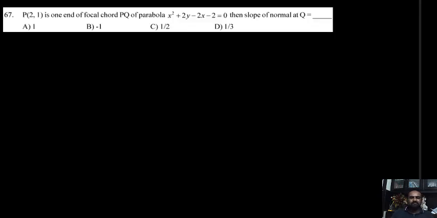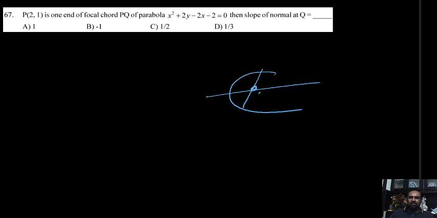Next question. Important model: P (2, 1) is one end of focal chord PQ of parabola x square plus 2y minus 2x minus 2 equal to 0. Then find the slope of the normal at Q. What is the meaning of the problem? I will explain. A focal chord is given.